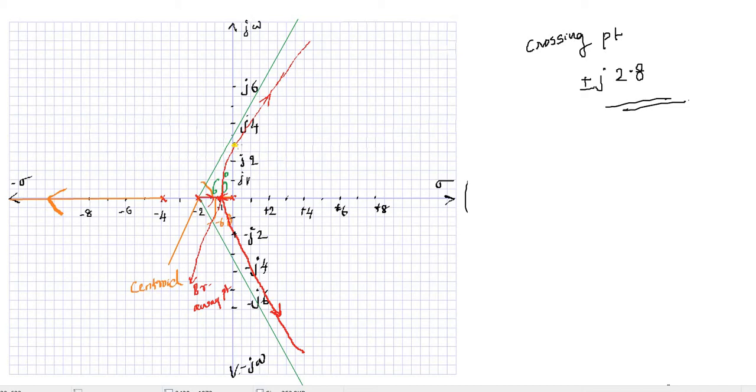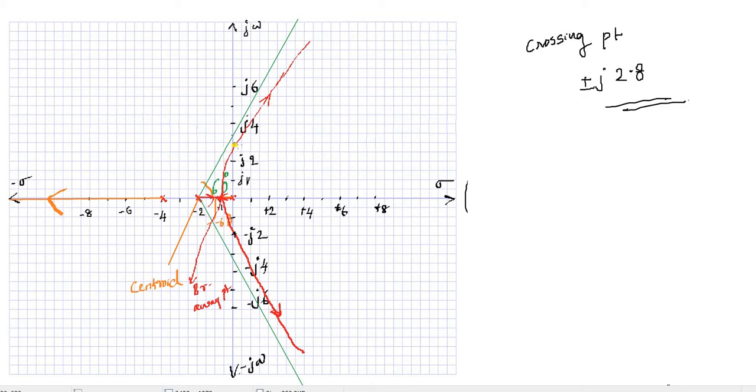Now, our root locus plot is complete. The root locus has 3 branches. One branch starts at the pole at s is equal to minus 4, and it travels to the negative infinity, and ends at the zero at infinity there.